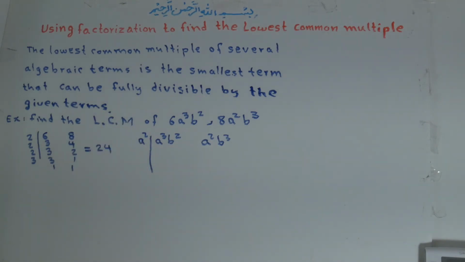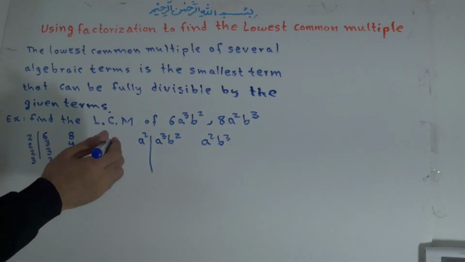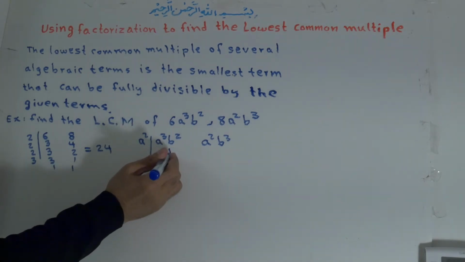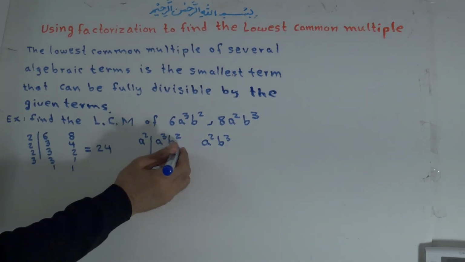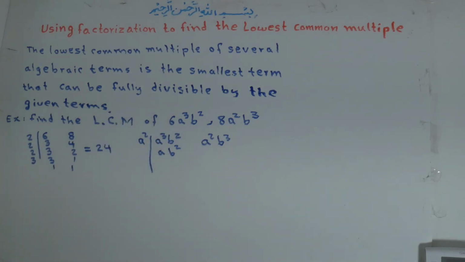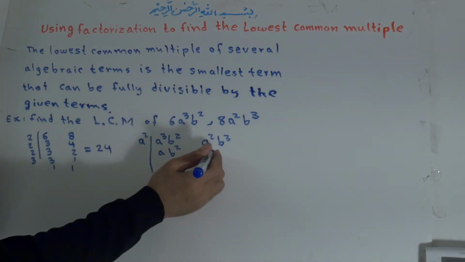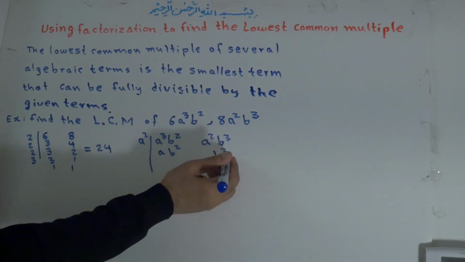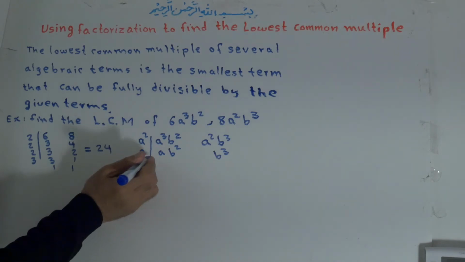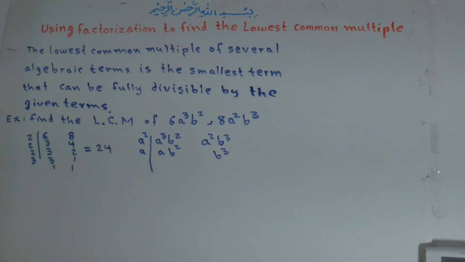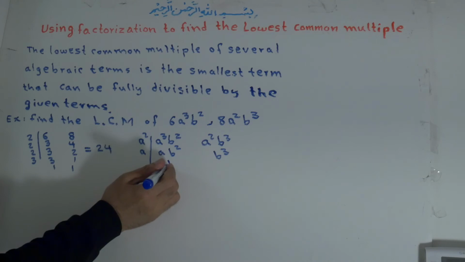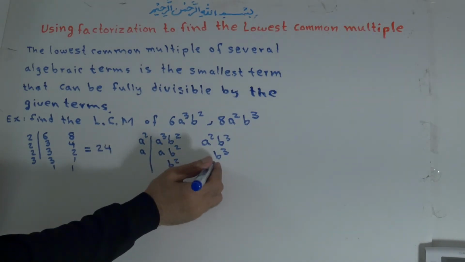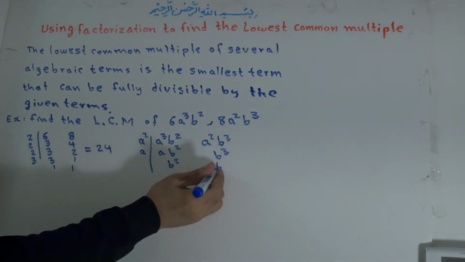Now, when dividing, we subtract the powers. 3 minus 2 is 1, a to the power of 1, b to the power of 2, and here a to the power of 2 divided by a to the power of 2 is 1 times b to the power of 3. Now we do again a divided by a is 1, b to the power of 2, and b to the power of 1 or b.